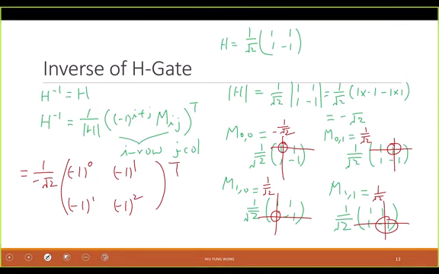Okay? And then what is Mij? Negative 1 over square root 2. 1 over square root 2. 1 over square root 2. 1 over square root 2. Right? Because this is 1 over square root 2 from here.